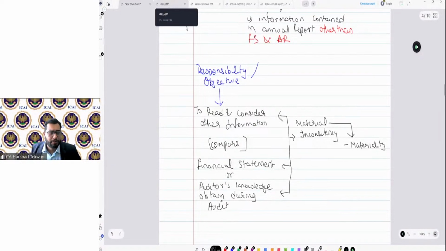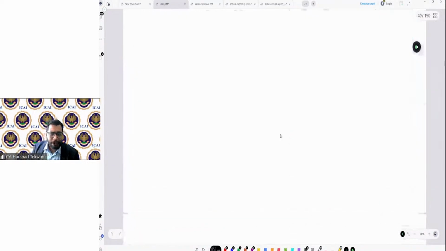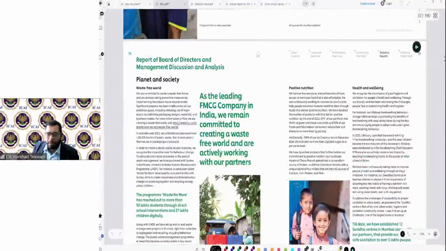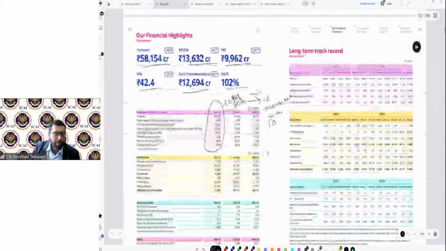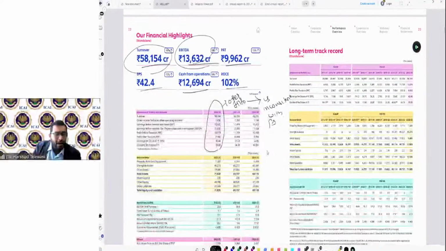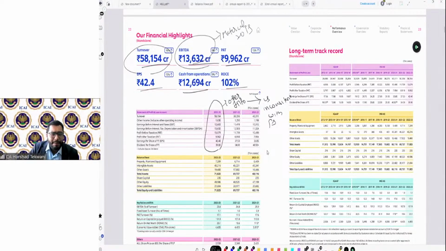For example, if I talk about my revenue, turnover, EBITDA, if these numbers are material to the FS, then these will be material to other information also.